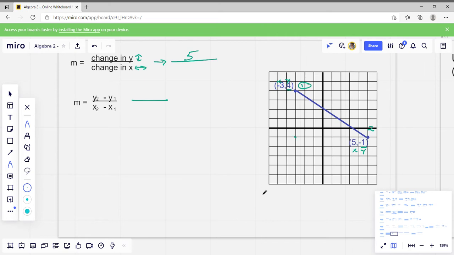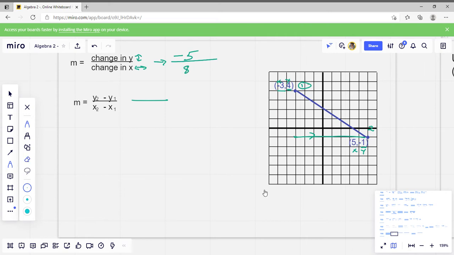From there to there. We went down, so that's -5. And how far over did we go from -3 to +5? That would be 8 spaces, +8 because we went to the right. That's positive. So it's 5 over 8.